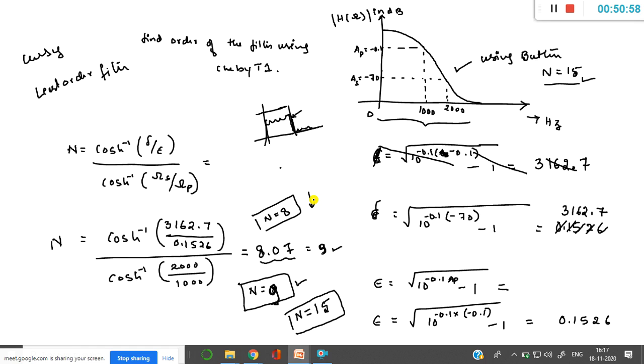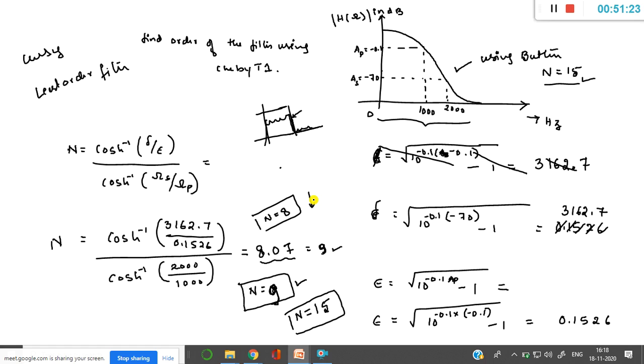In tomorrow's class, we'll see one more example if possible, followed by the transformation of the frequency domain from LPF to HPF and HPF to LPF. So I'll design a low pass filter.